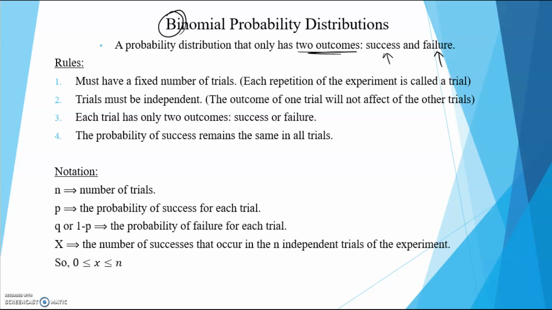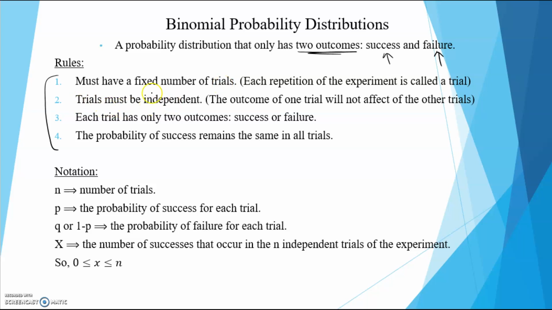Okay? But in order for the distribution to be a binomial one, it has got to pass all four of these rules right here. If it misses one of them, then we can't say that it's a binomial distribution anymore. So, number one, it must have a fixed number of trials. The trials have got to stop at some point.